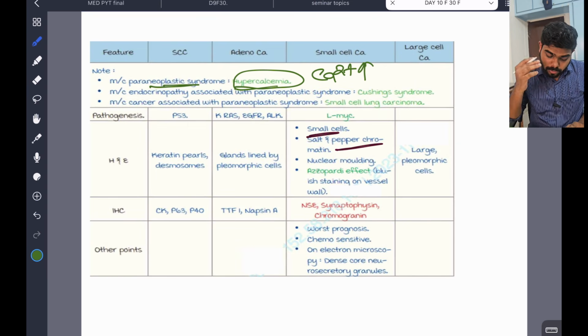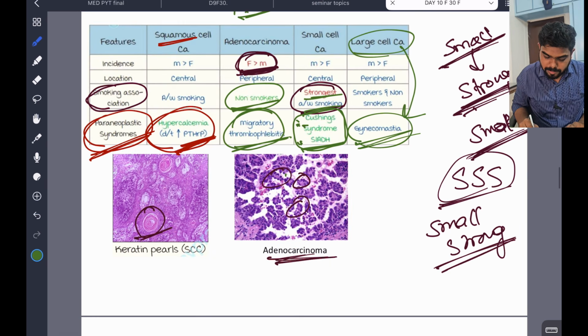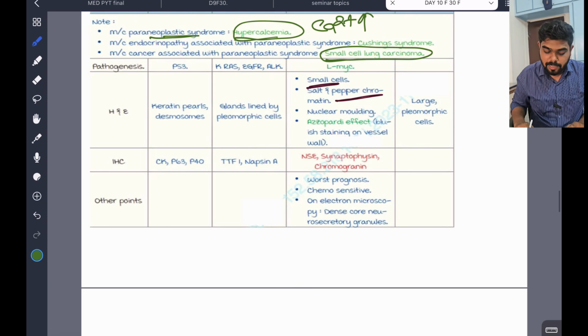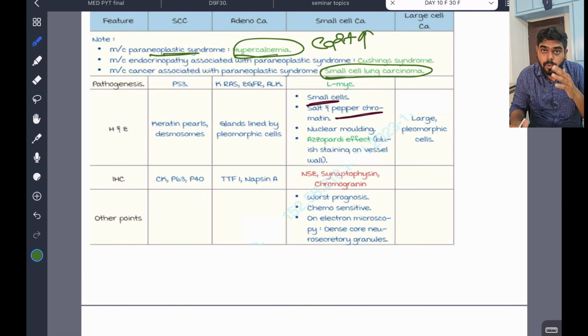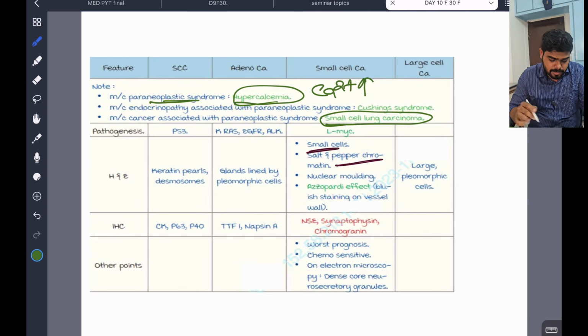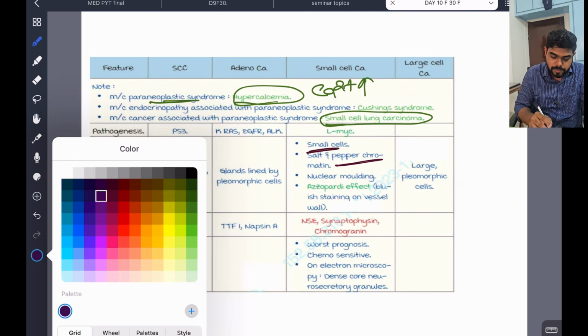And the most common cancer associated with paraneoplastic syndromes is small cell carcinoma. Why? Because here it is already producing Cushing syndrome and SIADH. So that's why small cell carcinoma, which is not small, he's a big person, is producing the most paraneoplastic syndromes, with the strongest association with smoking. Very important. Okay. Clear. Now we'll see the individual characters of squamous cell.